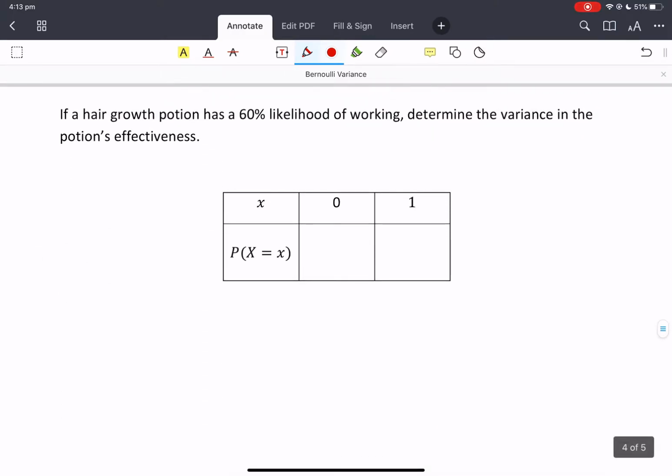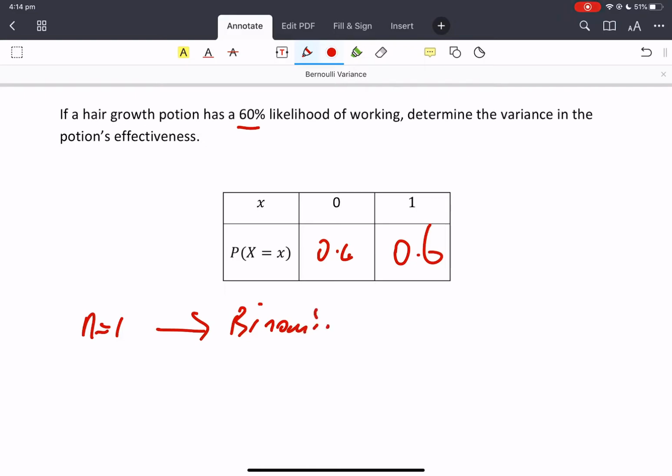If a hair growth potion has a likelihood of 0.6, let's go, okay, 0.6 is for success, 0.4 is 1 minus p, isn't it? So n equals 1, therefore this binomial is a Bernoulli.